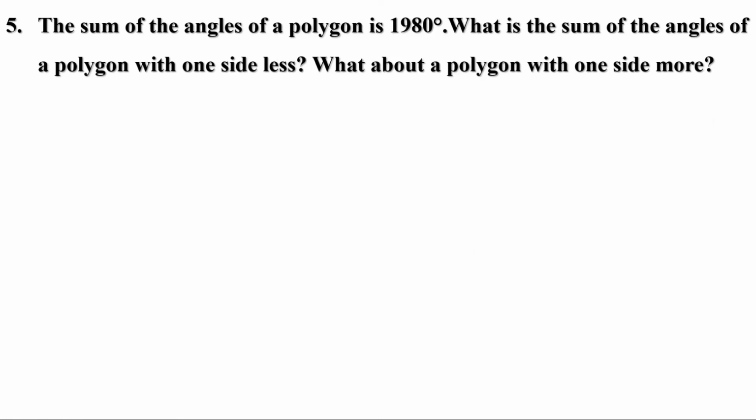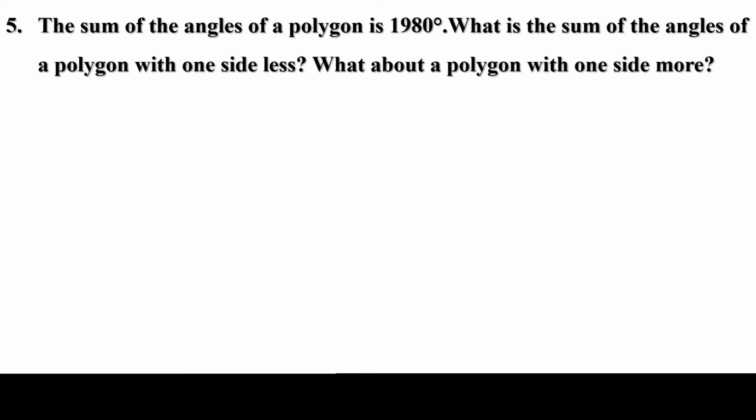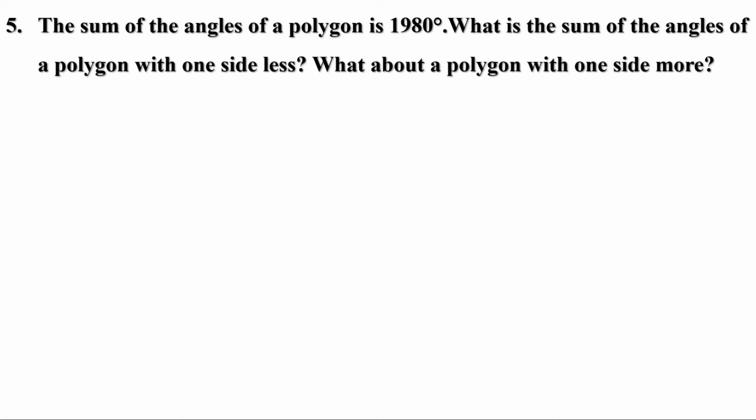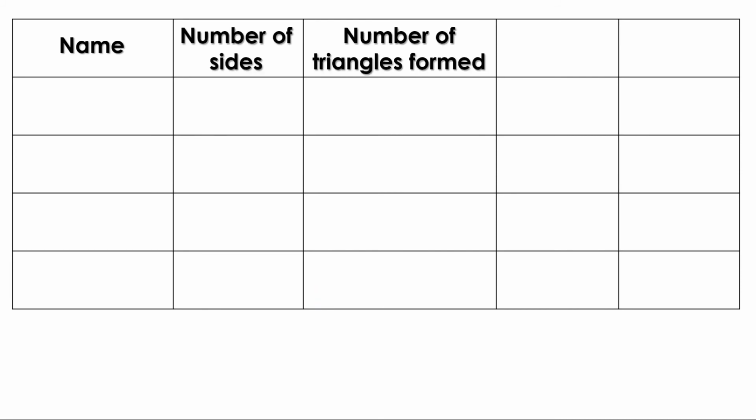Fifth problem. The sum of the angles of a polygon is 1980 degrees. What is the sum of the angles of a polygon with one side less? What about a polygon with one side more? We have already seen that for a triangle, there are three sides and the sum of the angles is 180 degrees.